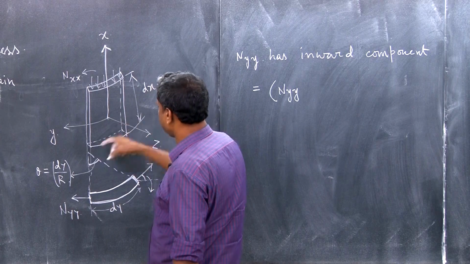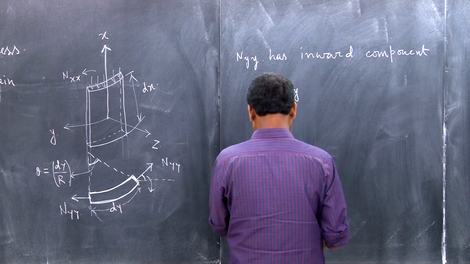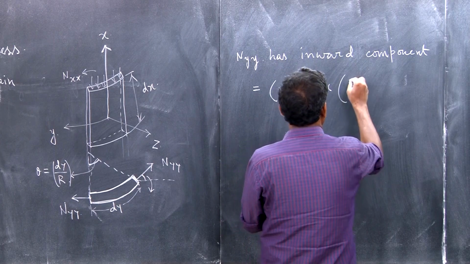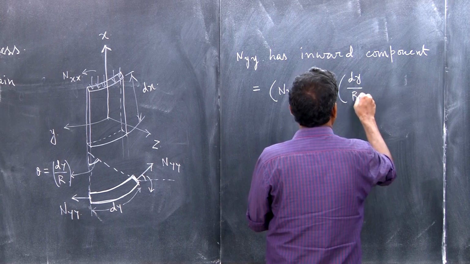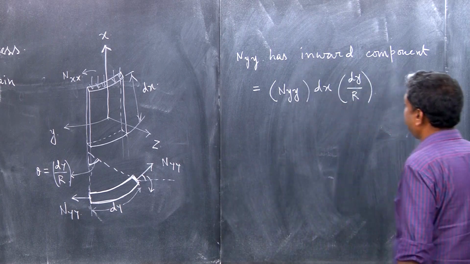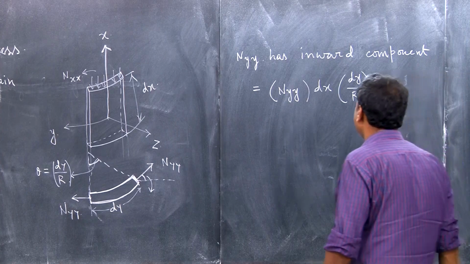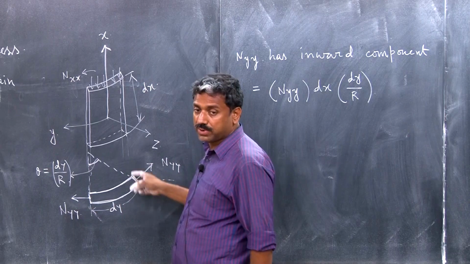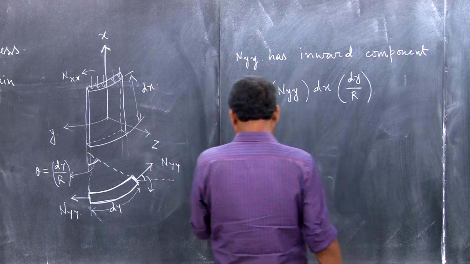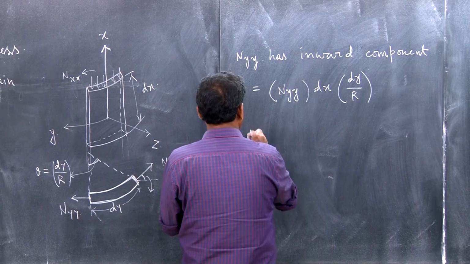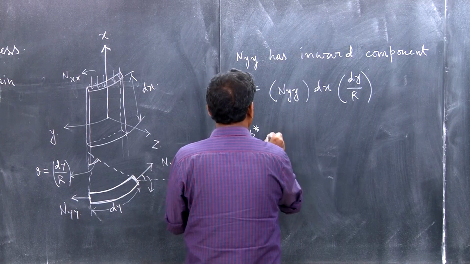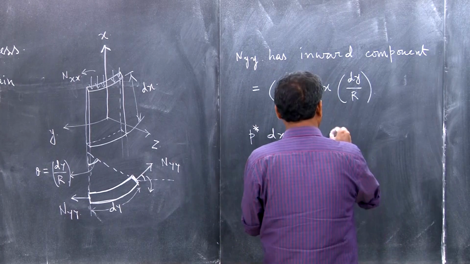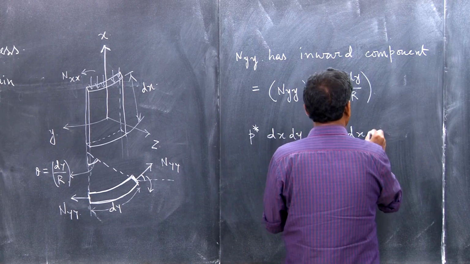The inward component is N_y times dx times dy upon r, because of this angle theta. So we can write this effective axial force P_y as nothing but P dx dy.